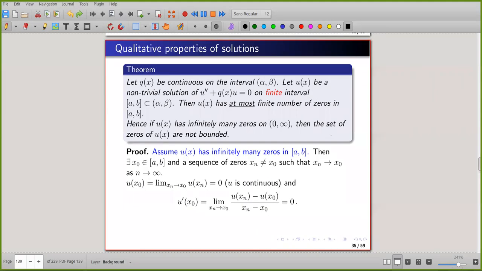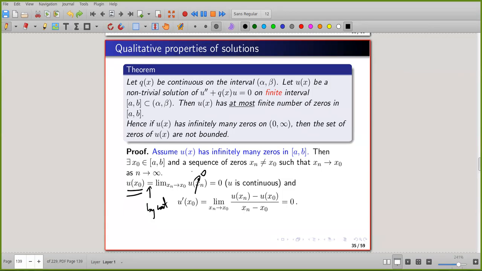First we want to show that u of x naught is 0. But u is a twice differentiable function, so it is definitely continuous, and xn is converging to x naught. So taking the limit, u of x naught is equal to the limit of u of xn by continuity of u, and each u of xn is 0.